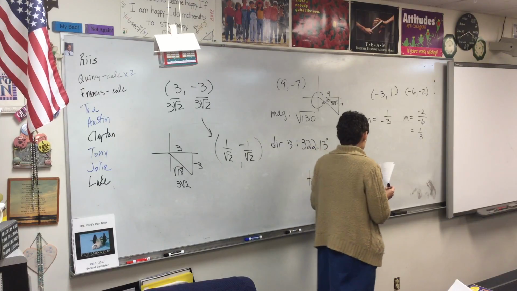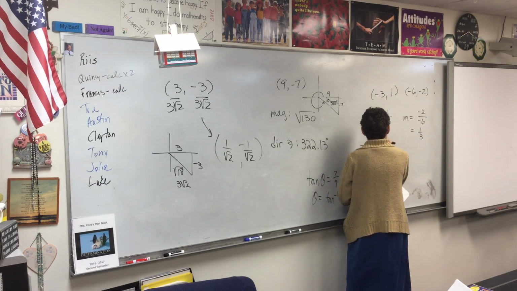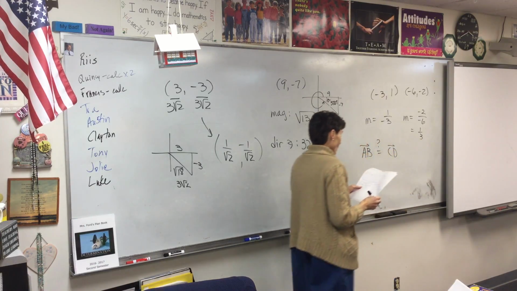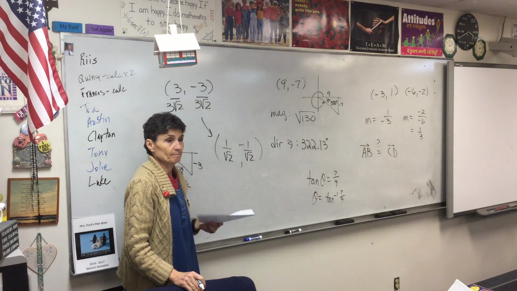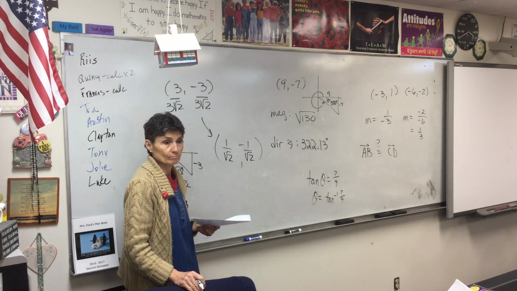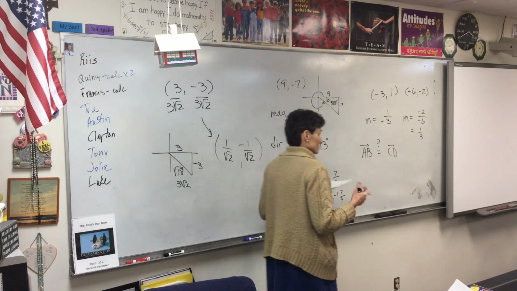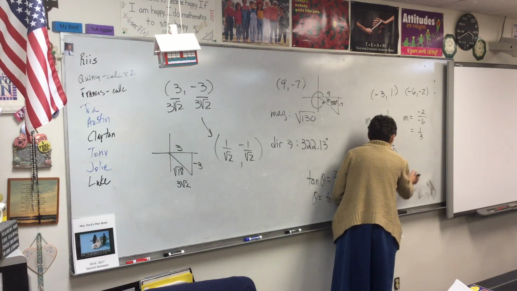And one more. Are these two vectors equal to each other? Why or why not? Well, how do we decide? We find the components. We figure out what they are. So what are the components of AB?